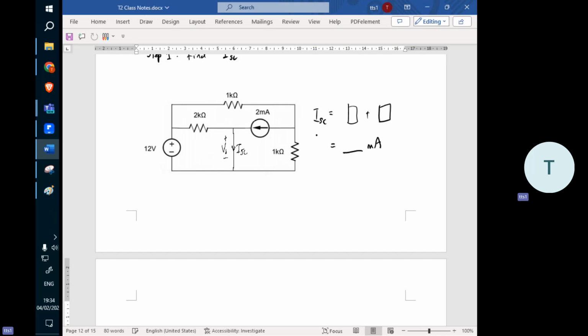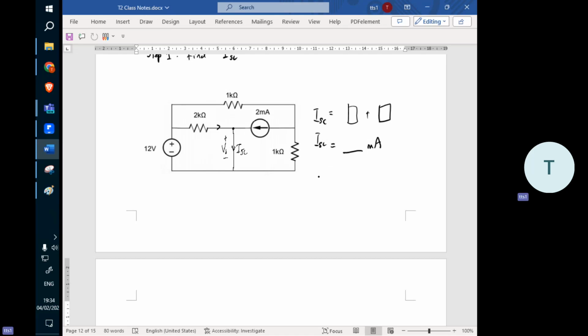You don't need to use any KCL, KVL. You can probably just find it by observing the circuit. Or you can use KCL: current is going this way, this way, this way. Then you can find ISC. After you find the ISC, that is your Norton current.